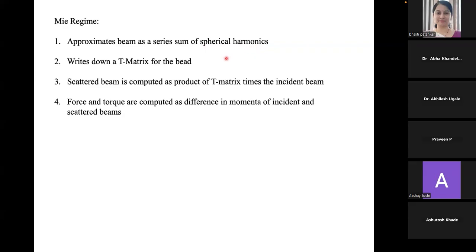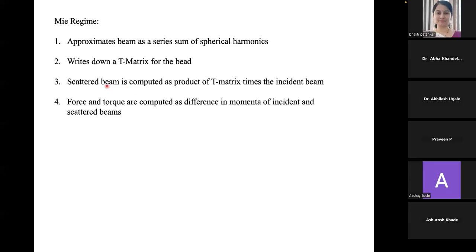You write the incoming beam as a certain percentage of monopole, a certain lesser percentage of dipole, a still lesser percentage of quadrupole, and so on, till you have a good convergence. Then you write down, as usual, the T matrix for the bead, and the scattered beam is simply computed as T matrix times the incident beam.